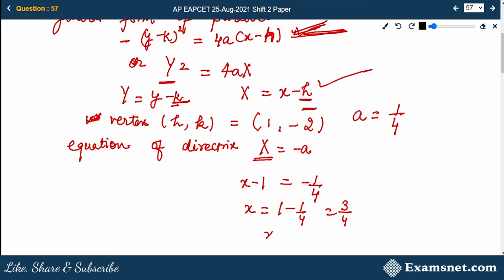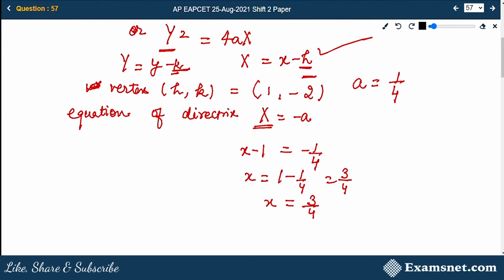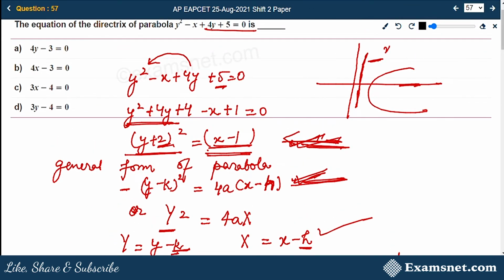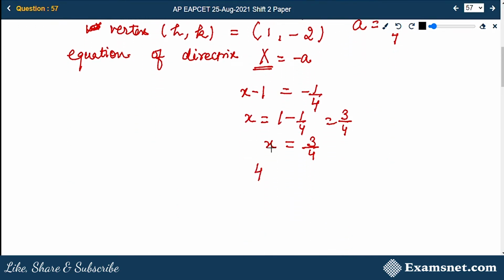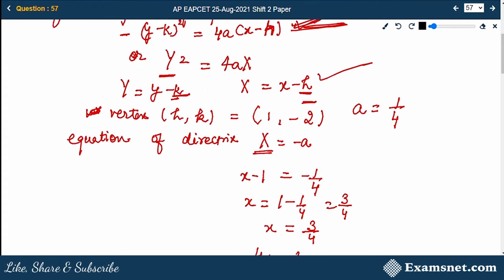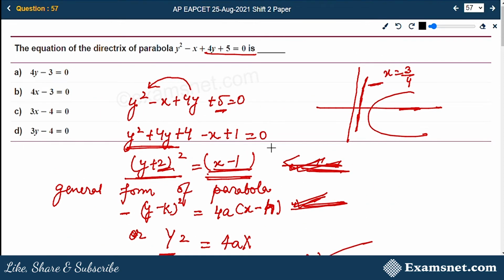So this is your equation, x is equal to 3 by 4. So this will be 4x is equal to 3, or 4x minus 3 is equal to 0. So your equation of the directrix will be 4x minus 3 is equal to 0. Let's move to the next question.